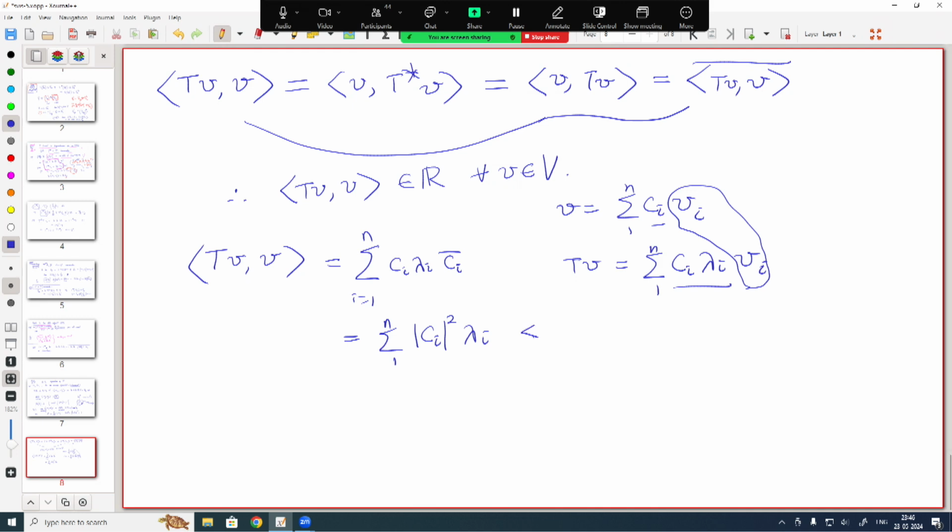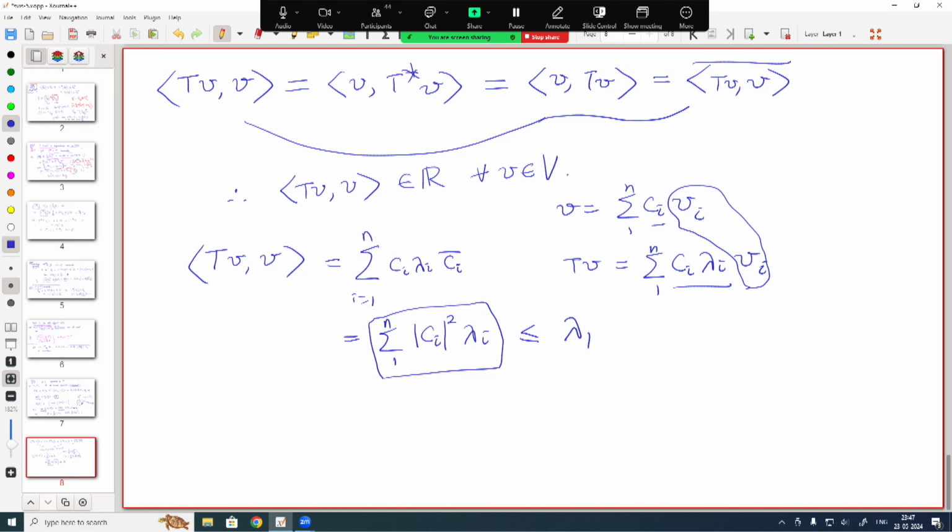Now, can you see why this is at most lambda 1? What is an orthonormal vector? No, I am just saying this quantity, this real number, summation |c_i|^2 lambda_i, is bounded above by lambda 1.